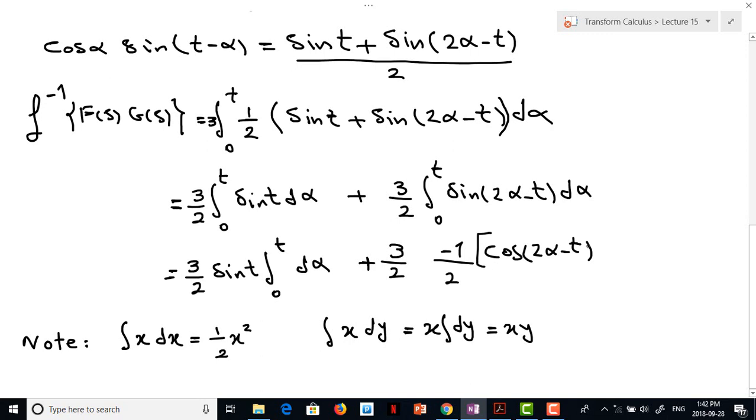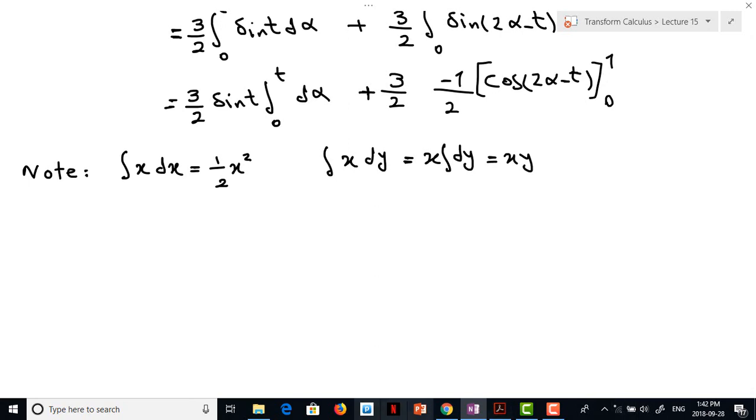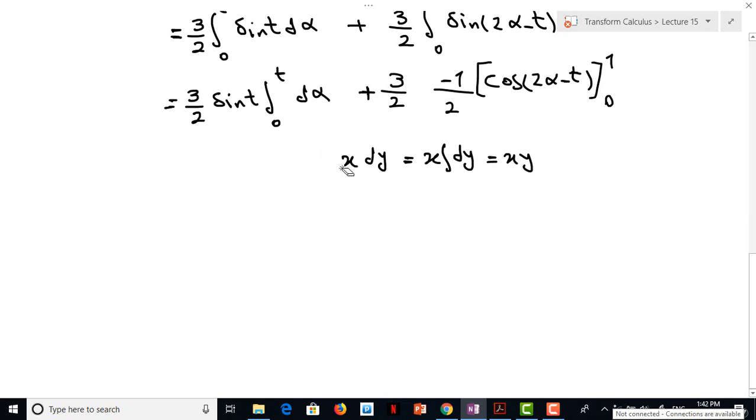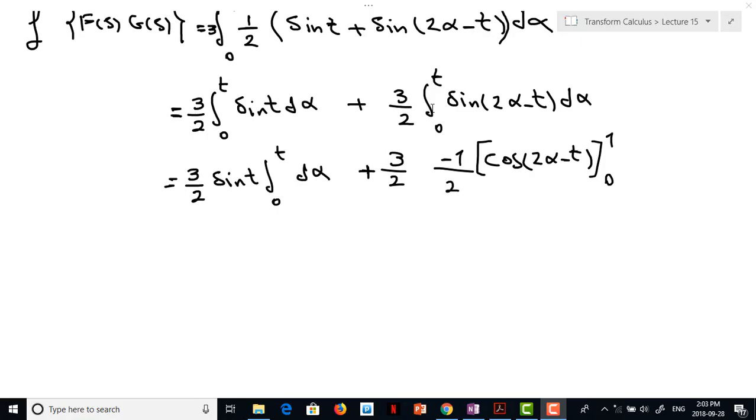And I have to apply the lower limit and upper limit. So I just erase this part, the note, to continue the solution here. I made a mistake here, the limit of integral is 0 to t.